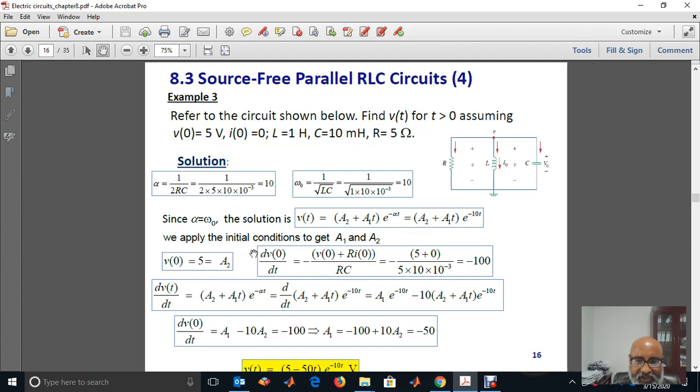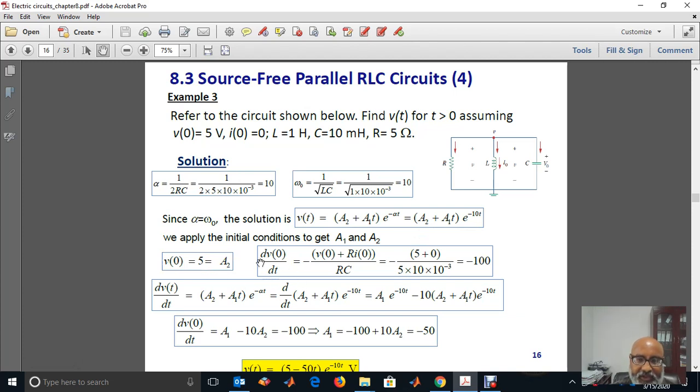Using the initial condition V at 0, for example. What is V at 0? V at 0 is the capacitor voltage. It's already given as 5 volts. So substituting t equal to 0 in this equation, e to the power of 0 is 1, the A1 t term is 0, so A2 will be 5.